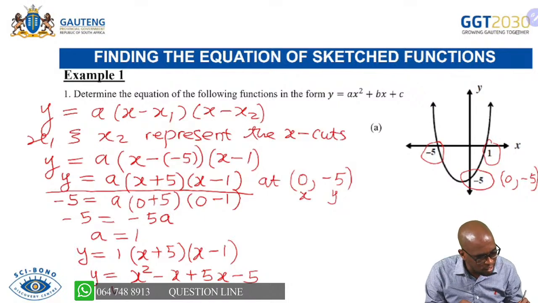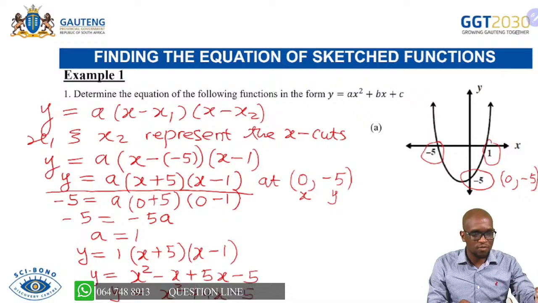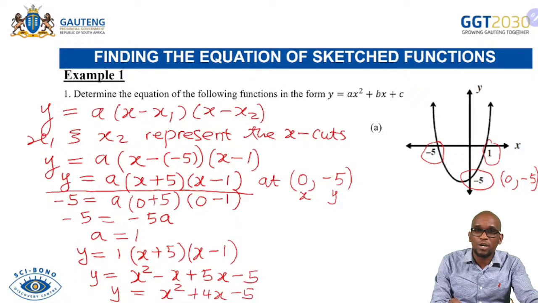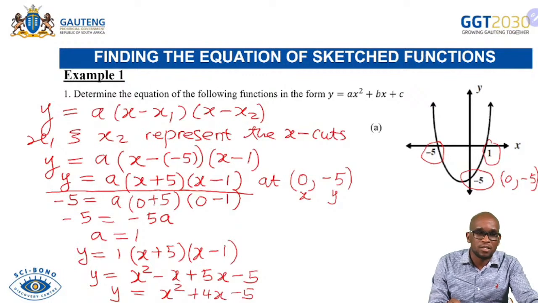Simplifying that, we get y is equals to x squared plus 4x minus 5. And that represents the equation of that particular function: y is equals to x squared plus 4x minus 5. Right, moving on.